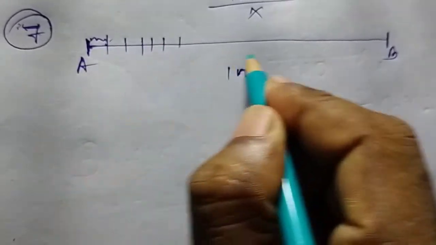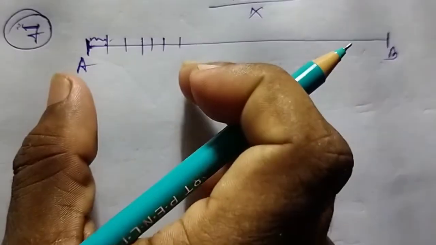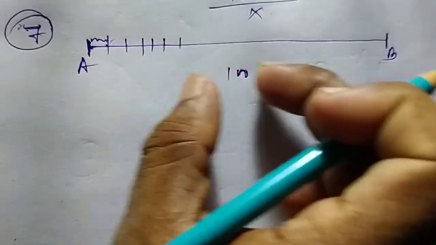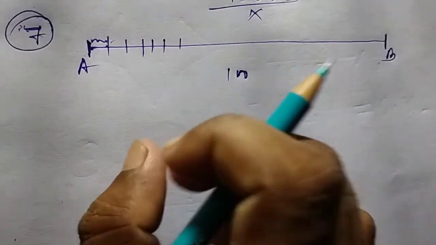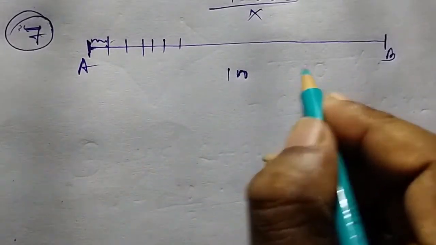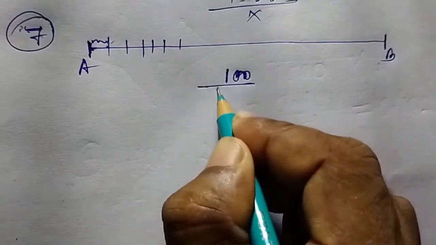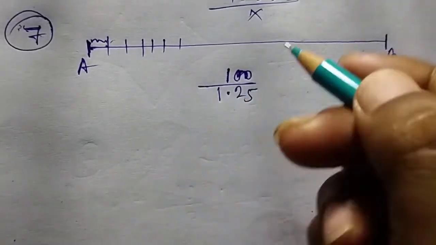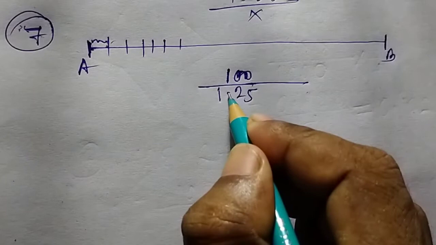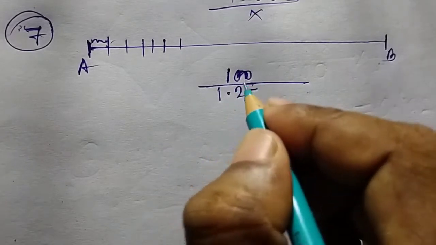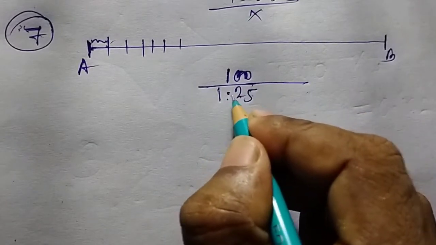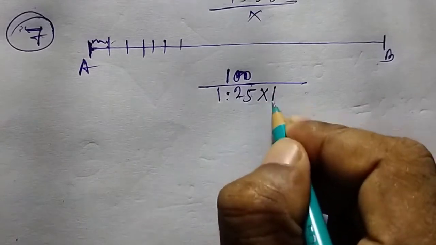So what to do in this case? We have to count how many steps he will take. Okay, so in this case we have to divide 100 by 1.25, and you know how to divide. We have to at first remove this point from here. So here are 2 digits after the point, so we have to multiply by 100.